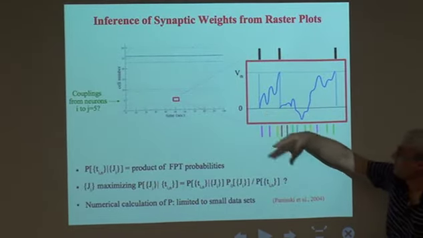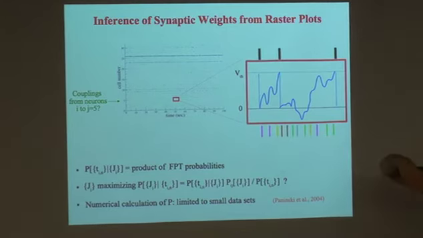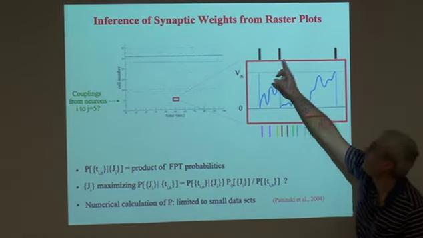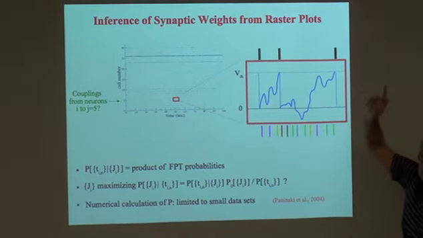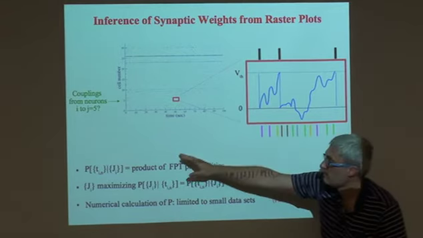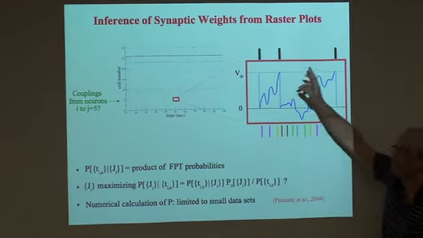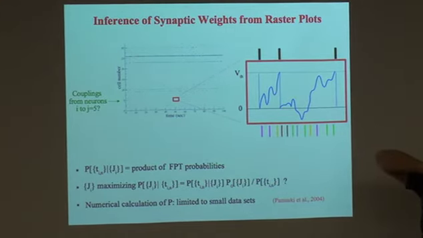Now, if we want the likelihood of the data given the interactions, you can see that the data are just the crossing times of the potential. That means that the likelihood of the crossing times given the interactions is just a product of first passage time probabilities. That's the time at which the potential passes through the threshold for the first time.